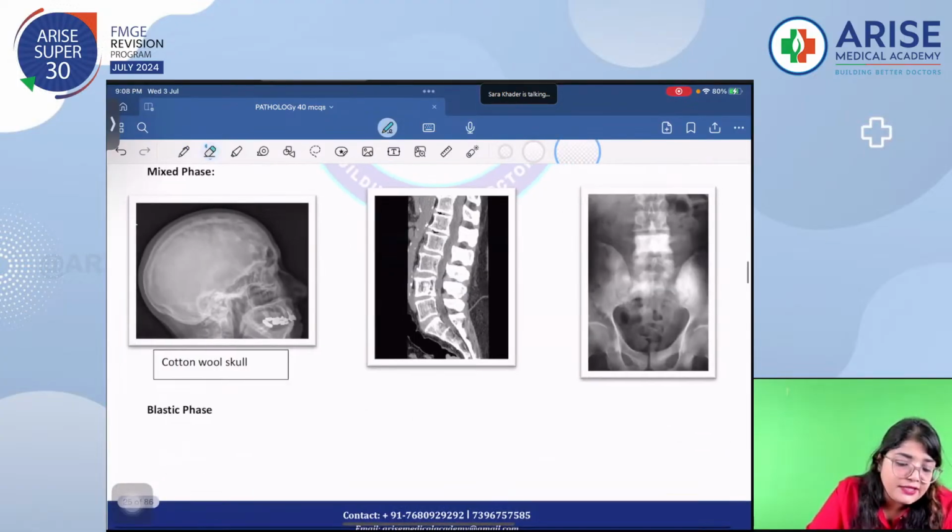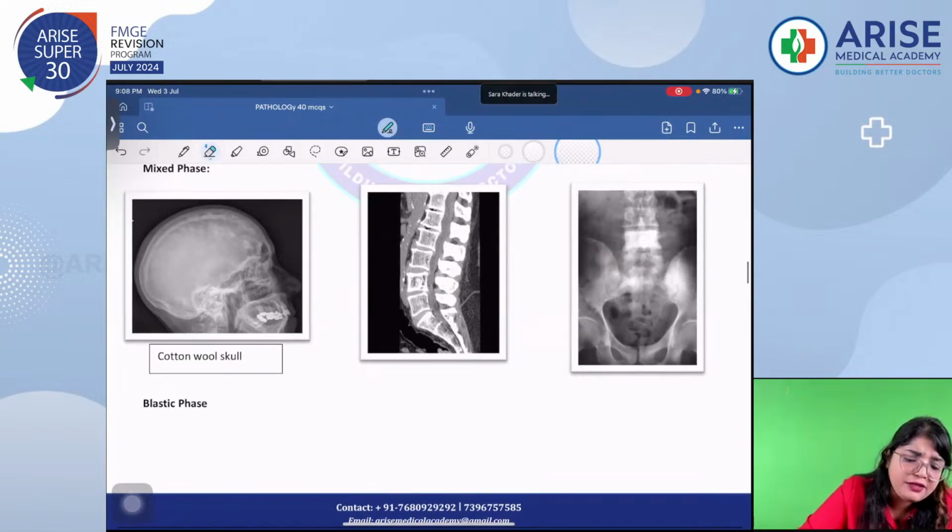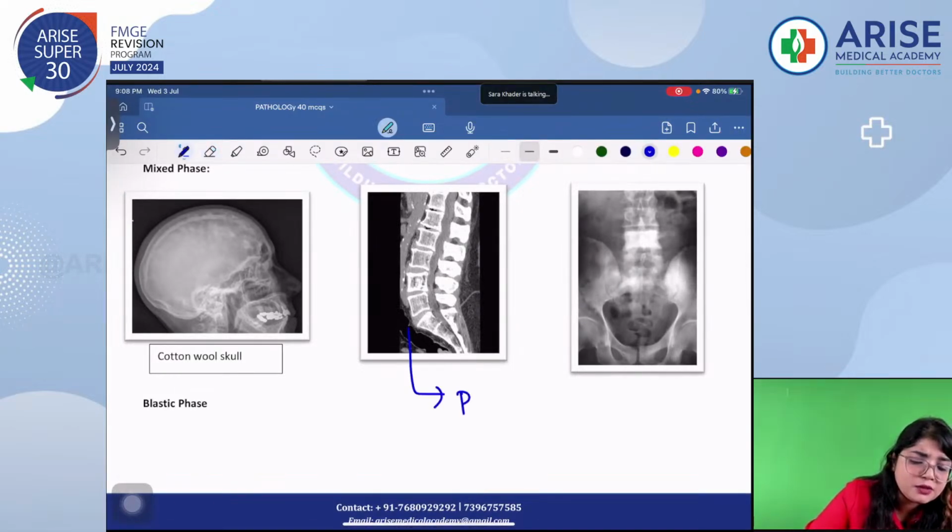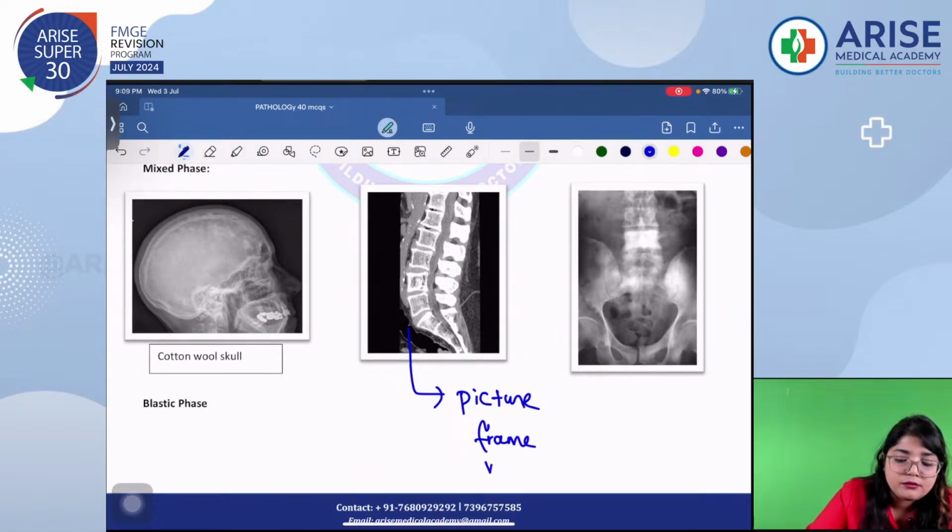What about your mixed phase? You have this very famous vertebra. What is this vertebra? Picture frame vertebra. And you have this ivory vertebra, the whole of it.